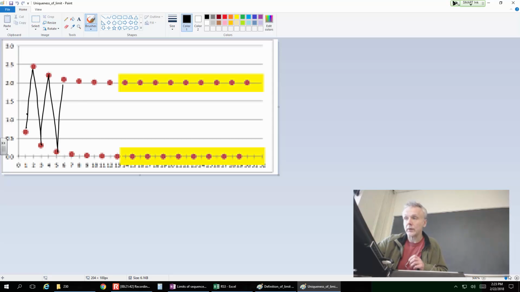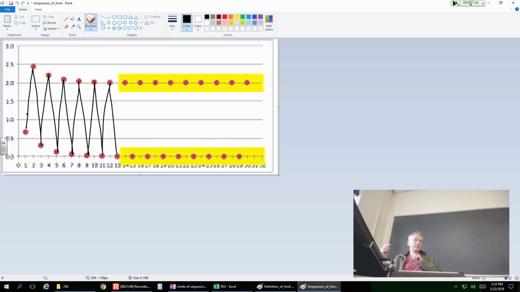This is my order. So it is one sequence, not two sequences. What can you say about its limit? The limit does not exist. How do you justify it? Because it's divergent.